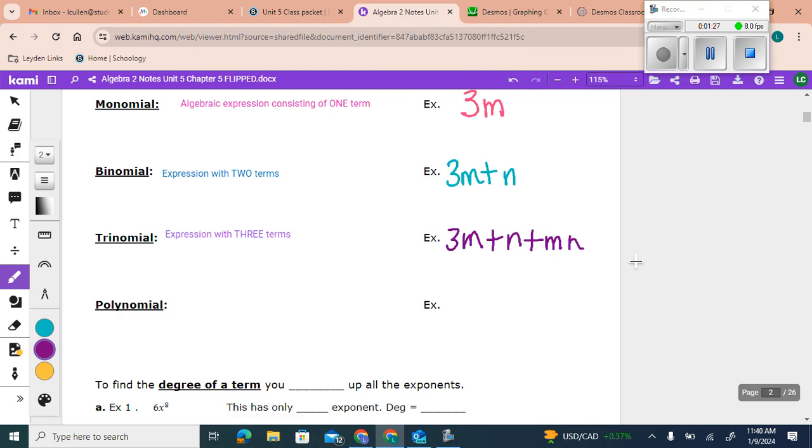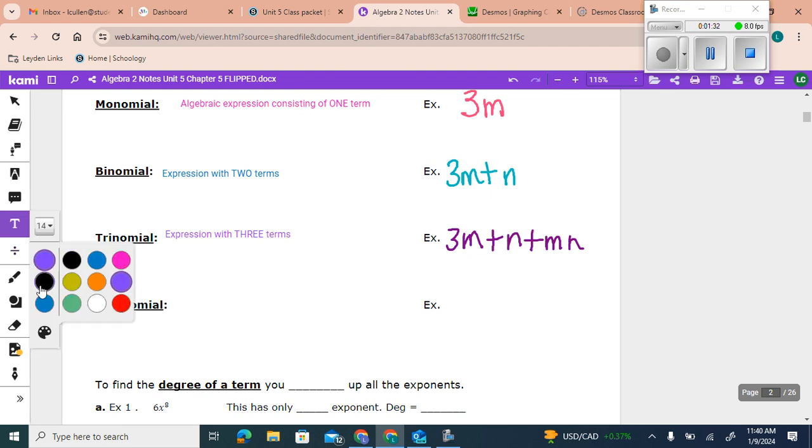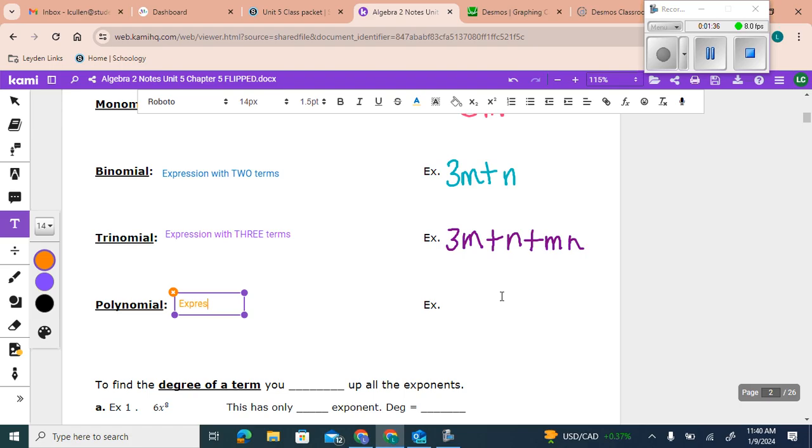And what does poly mean? Many. Good. Okay, so we start after 4, we get lazy as mathematicians, and we say an expression with 4 or more terms.